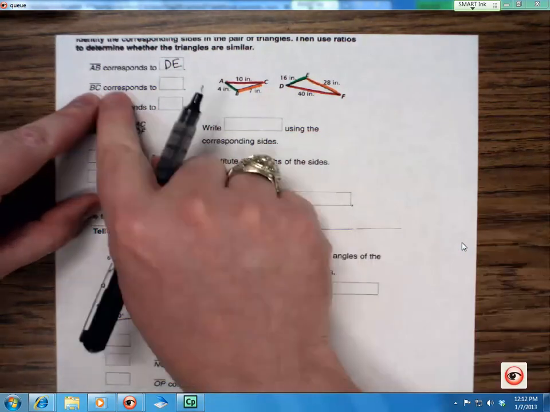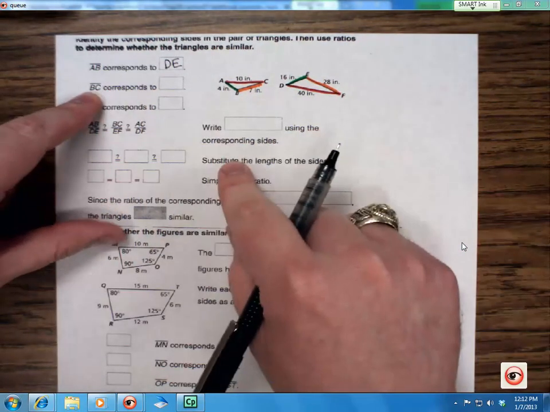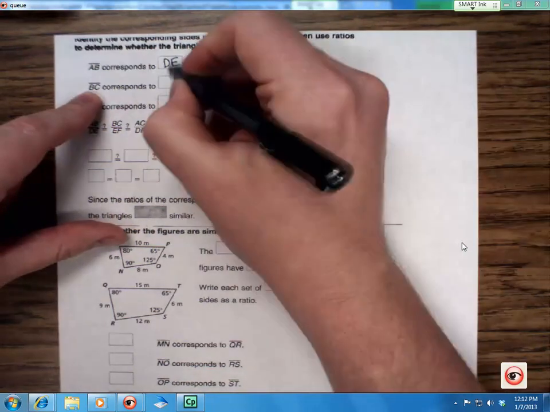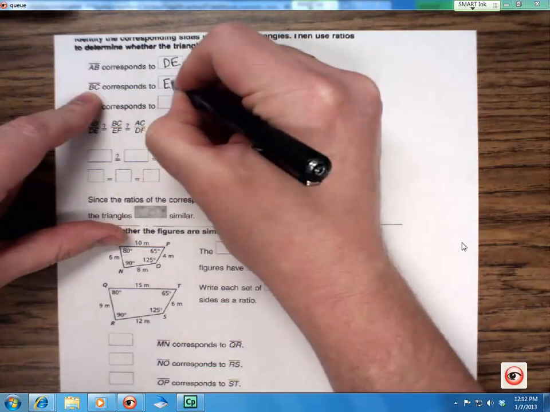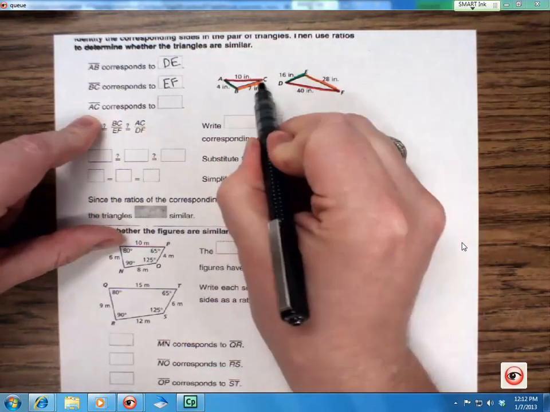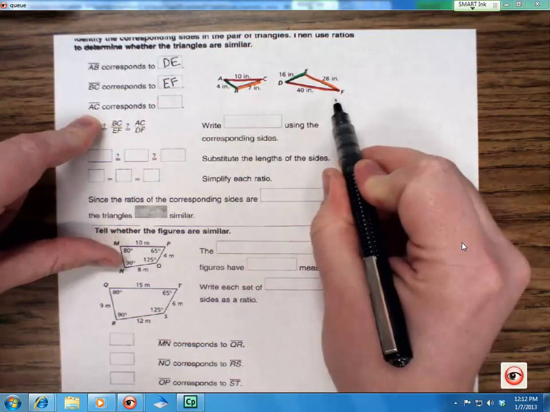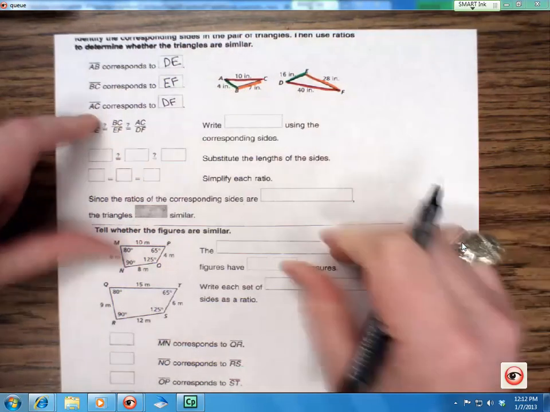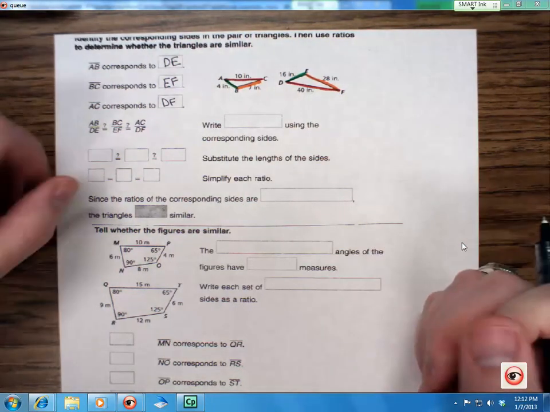What side does BC correspond to? Yes, EF. And finally AC, which is the red side. What side does that correspond to? Yes, DF. Those are my corresponding sides.